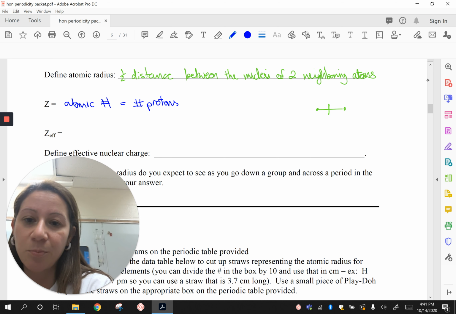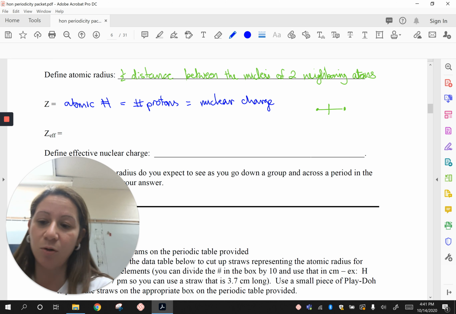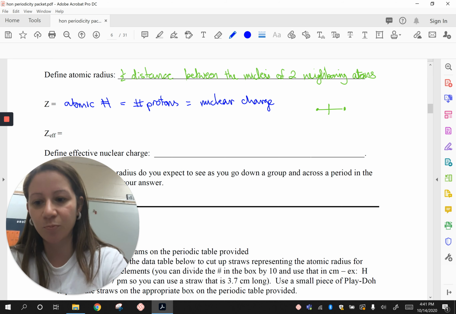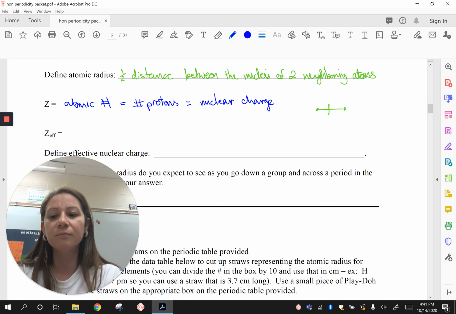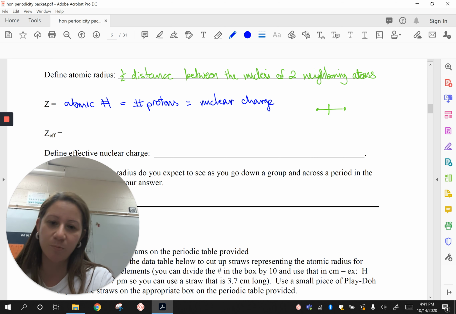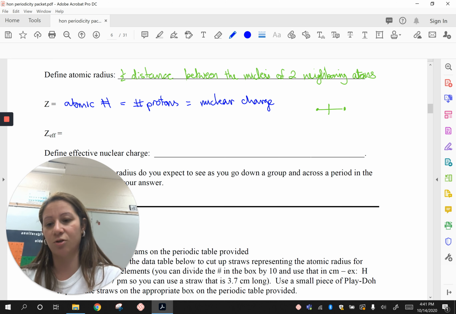Z, or the atomic number, is also known as the nuclear charge. Why would we call it that? Because it's the charge of the nucleus. The nucleus has protons and neutrons; neutrons are neutral, protons are positive, of course. So the charge of the nucleus would be how many protons there are, because those are the charged particles in the nucleus.